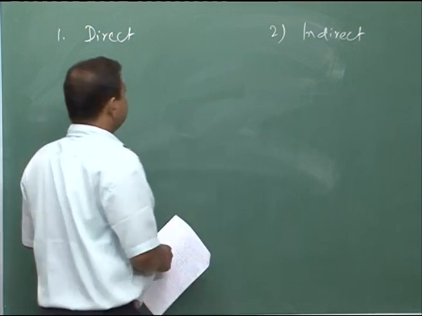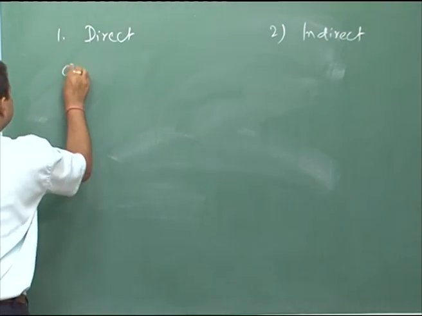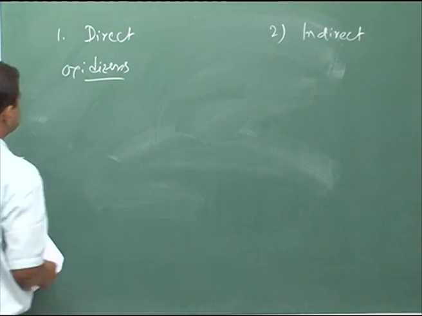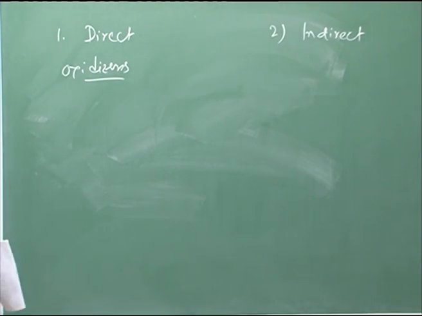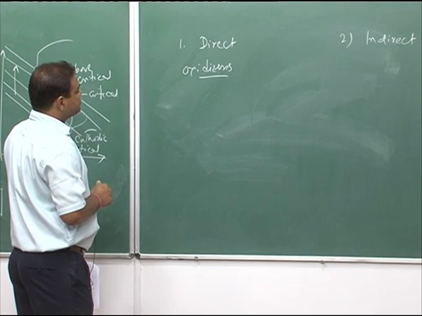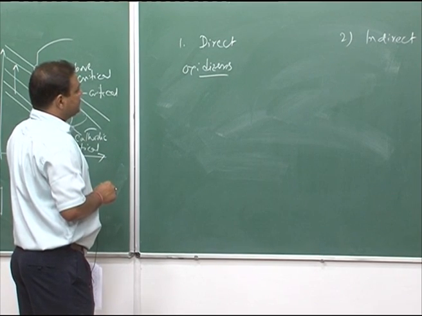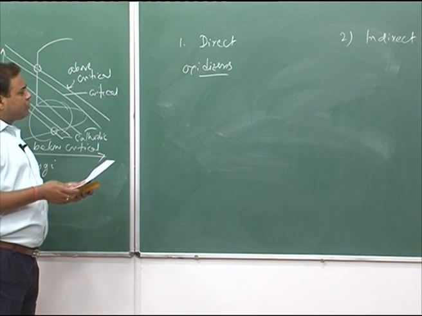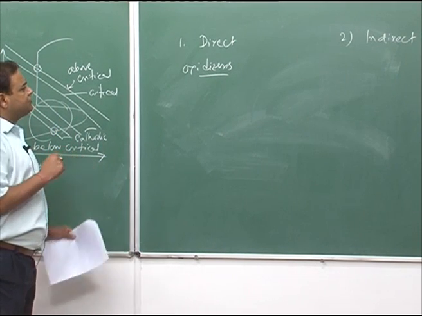So, direct, actually they are mainly oxidizers. What they do, they contain anions which oxidize and then form insoluble product which will be incorporated in the passive film.